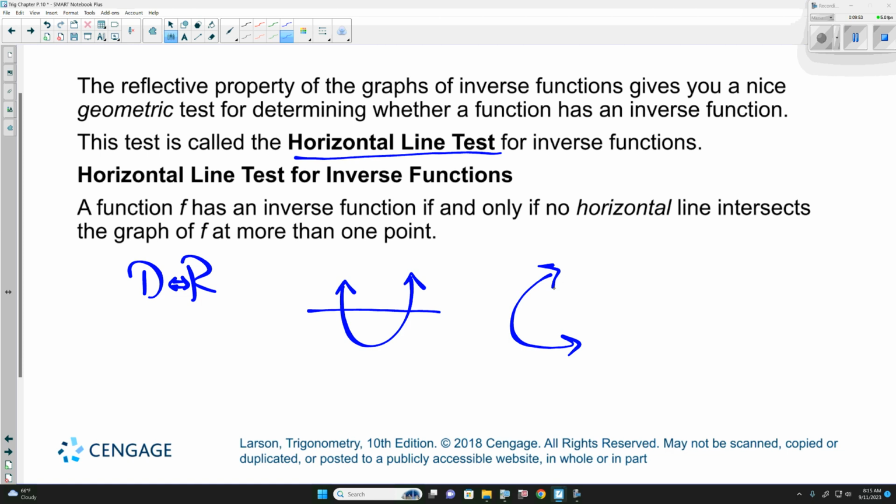And this is why the horizontal line test works, because of that flip from the domain to range. And that's how we can test to see if a function has an inverse. Or more specifically, not that it has an inverse, that its inverse is a function.